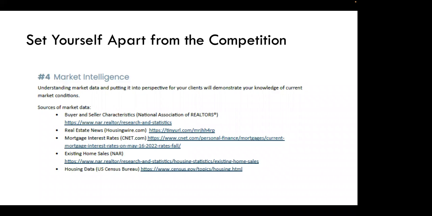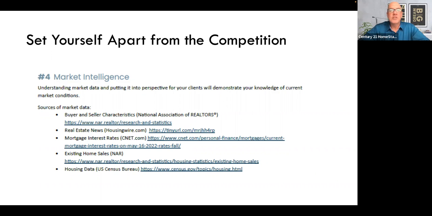Then the seller says, oh my God, my agent from Century 21 Homestar was so knowledgeable and sold my house in 3 days. Also, every agent who's been in the business a little while has lost listings they thought they had, because they didn't do all of this. Sometimes you have friends, relatives, direct referrals, and you think it's a slam dunk.